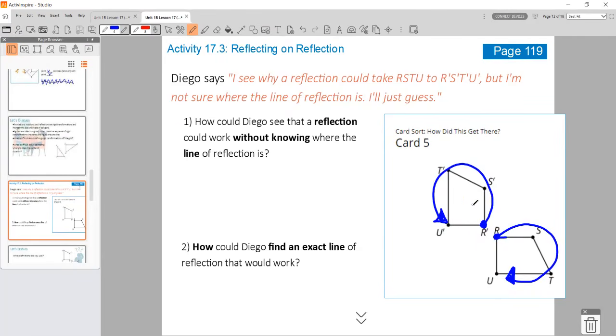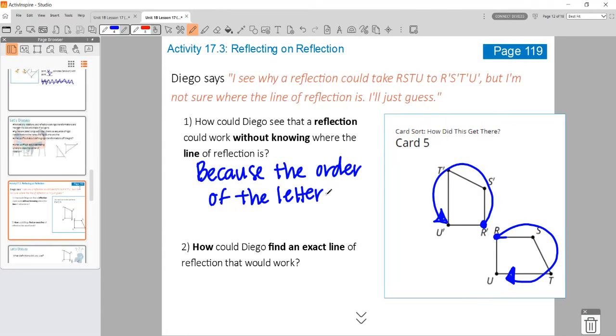So when they flip directions that the letters are going, that tells you that there was a reflection. So it switches from clockwise to counterclockwise. That's an indicator that a reflection happened.